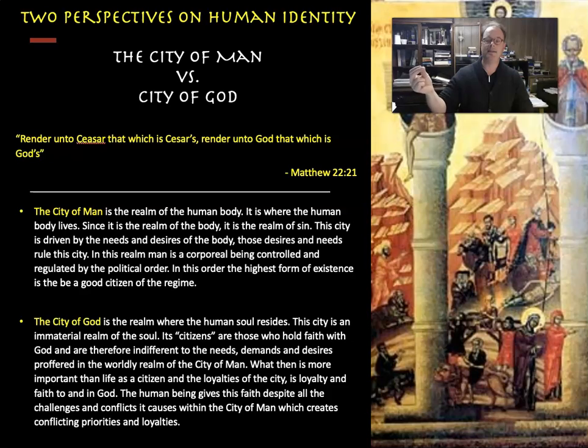The state, or the ruler, Caesar in this case, has no right to your soul and to your ultimate spiritual loyalties. Your body is regulated and controlled in this world by the political rulers. Caesar is really either a ruler, or it's just a metaphor for the state or the government that rules you.